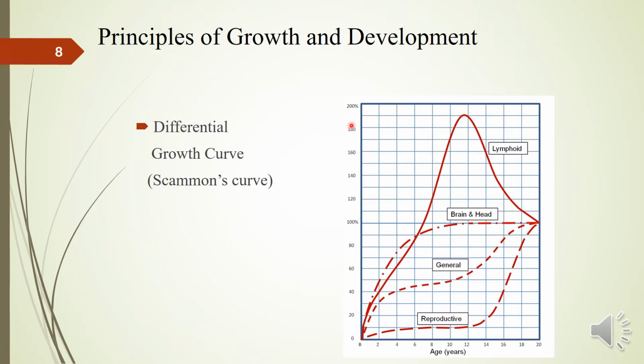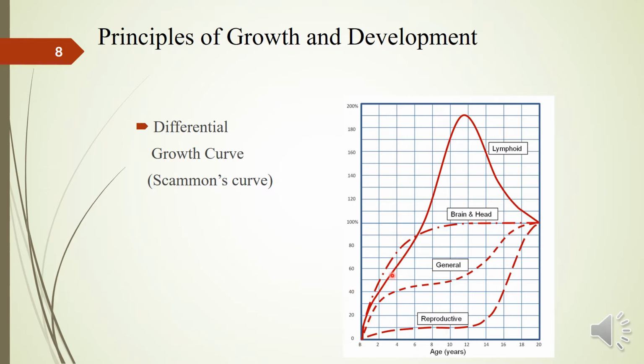This graph tells us on the y-axis the percentage of growth, and on the x-axis the age in years. So we have birth and 2 years, 4 years, 6 years, 8, 10, 12 till 20, while on the y-axis we have the percentage of development, that is 0%, 20%, 40%, 60%.